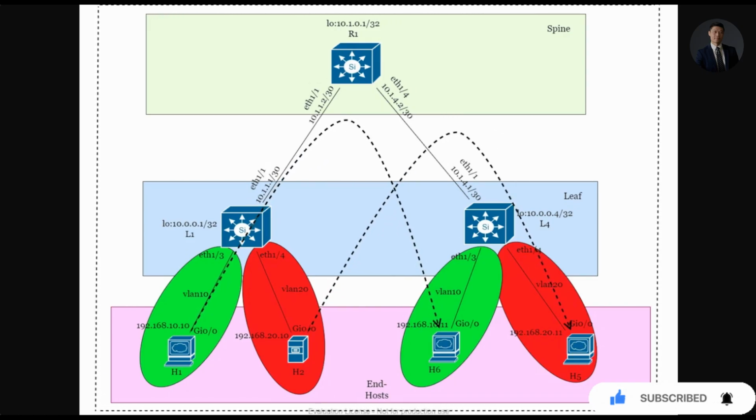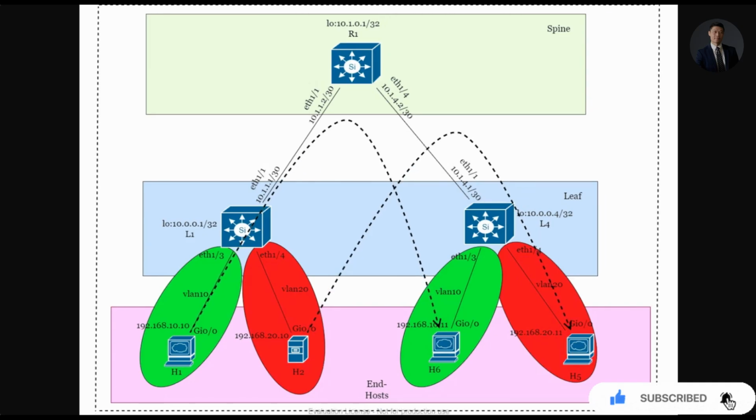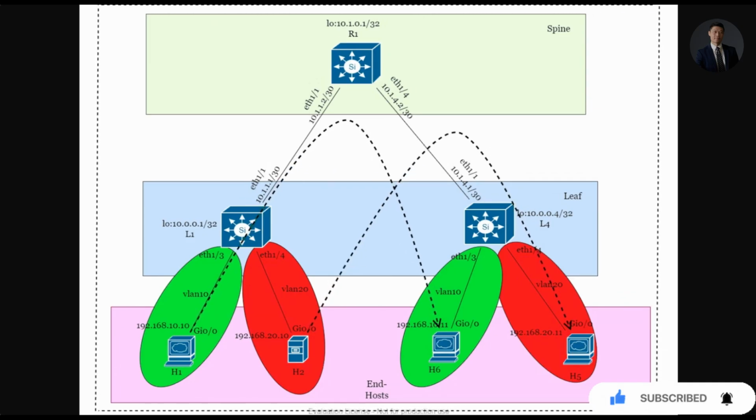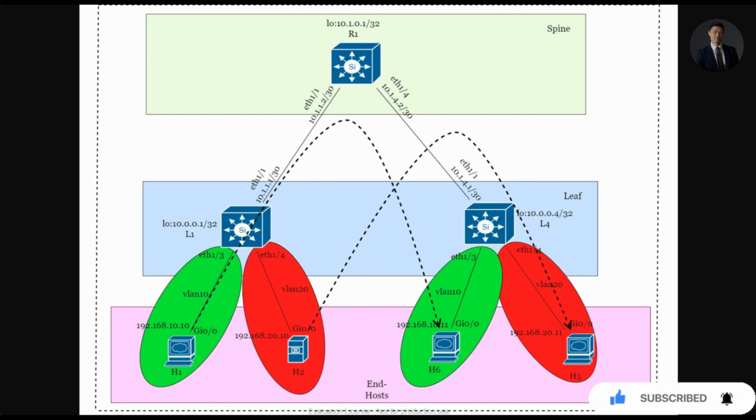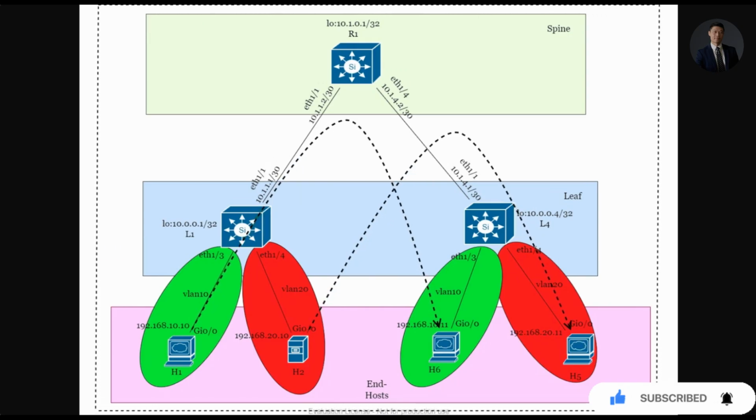We need to configure IP addresses on all interfaces connecting spines and leaves. We need to configure loopback 0 on all nodes with a /32 host address. And we deploy a routing protocol, OSPF or IS-IS, between the spine and the leaves so that every node is reachable to every other node.